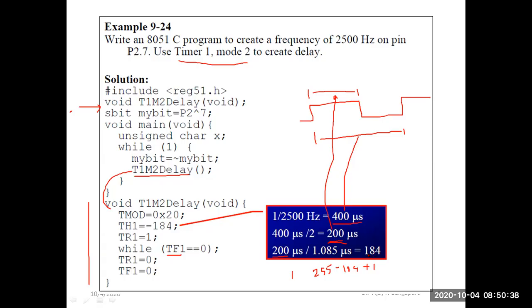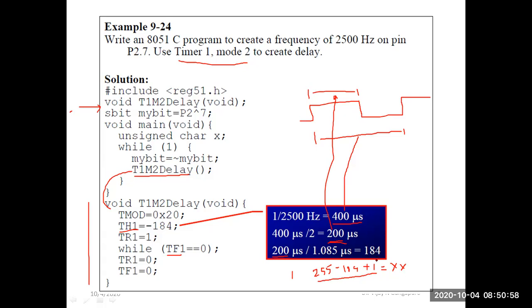Whatever count we get, that is XX in hex, we have to load into th1. So we have got 184, and what we are doing here is actually the 2's complement.